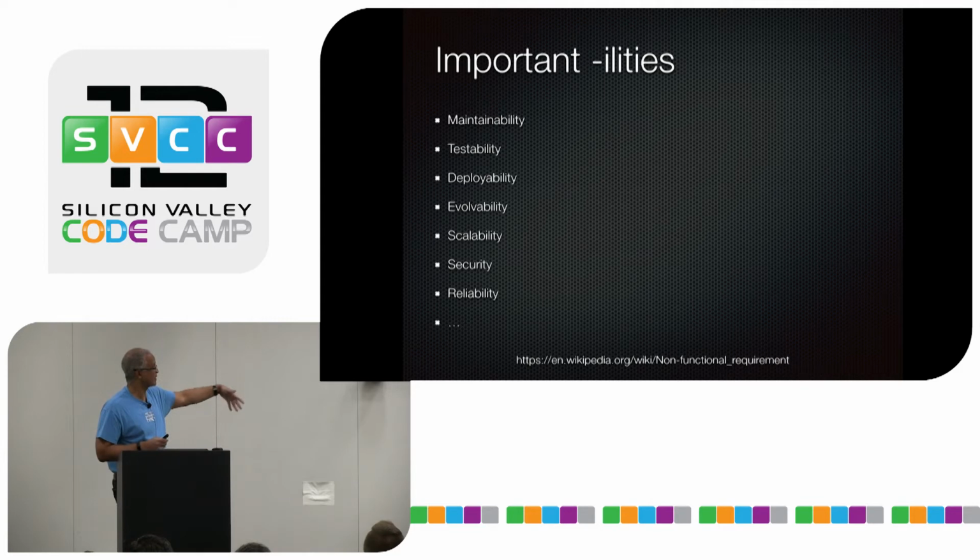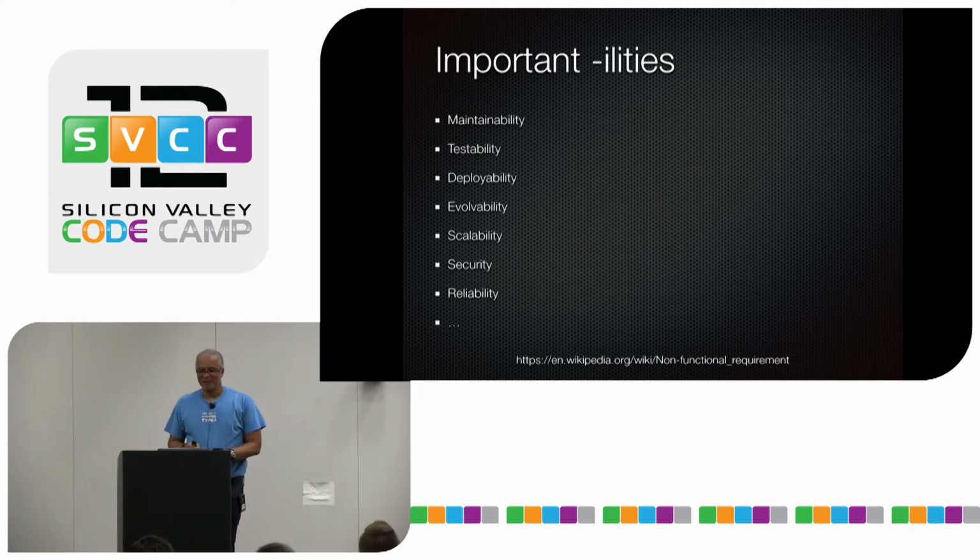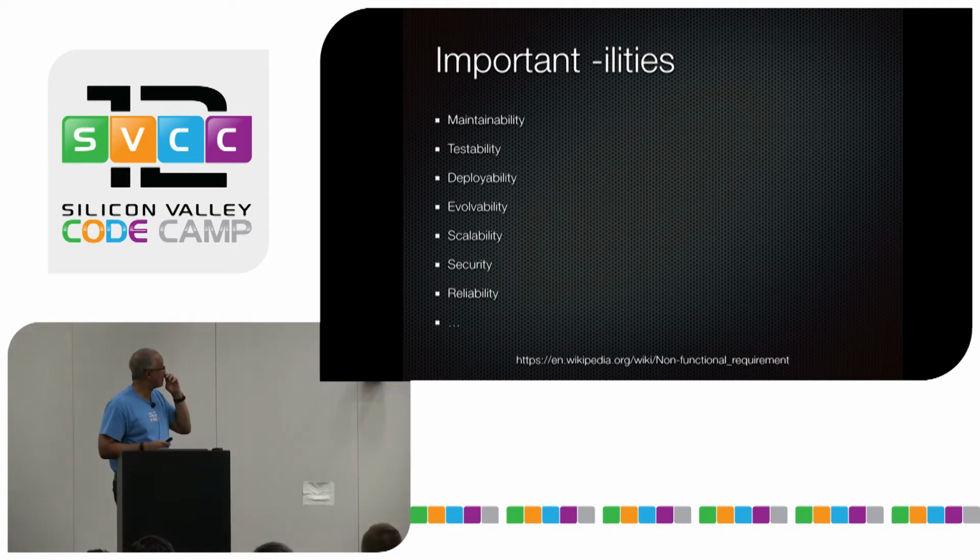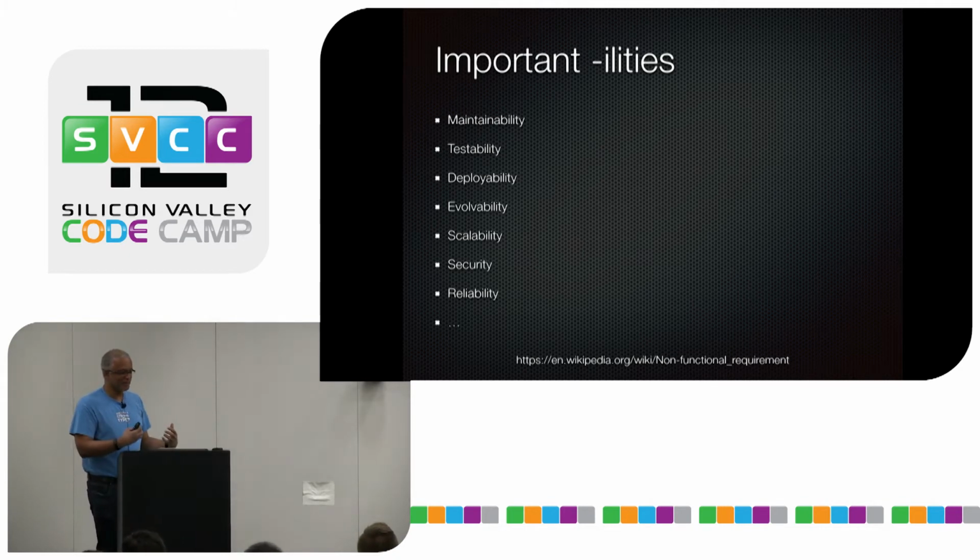Obviously reliability, scalability, securability, just made that one up, security, clearly not paid attention to at Equifax, right? So there's all these different software quality attributes or ilities.